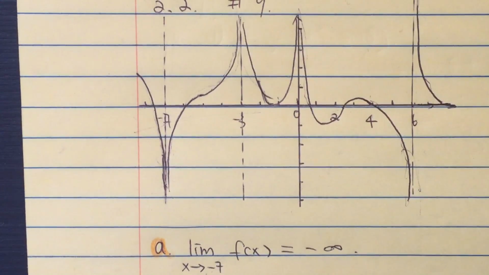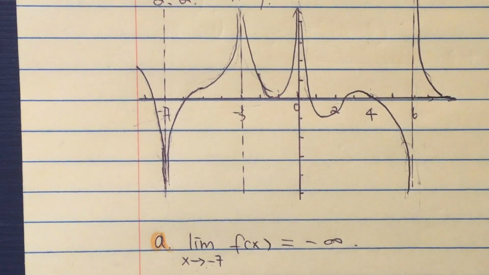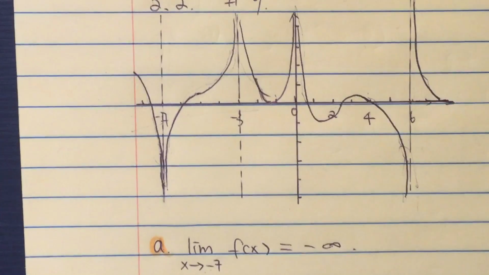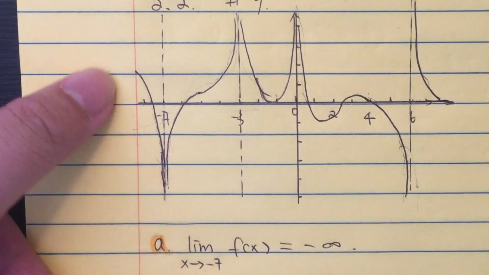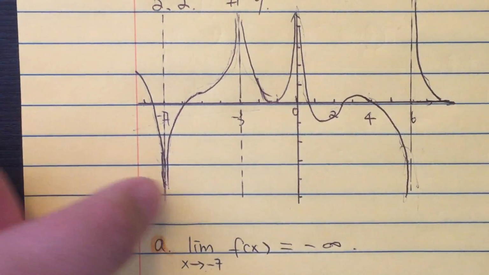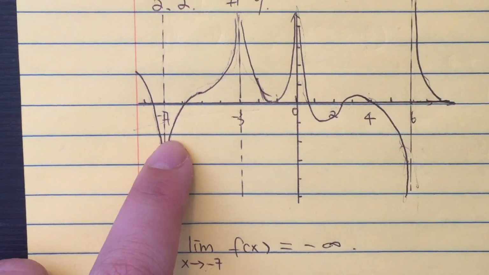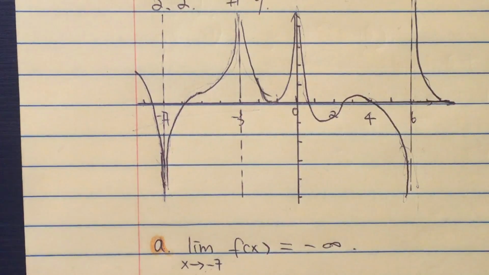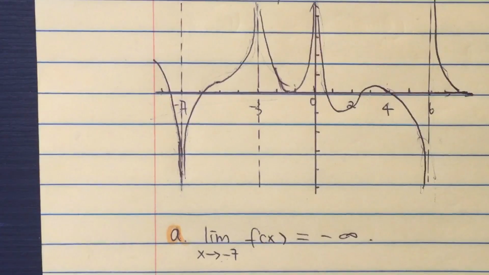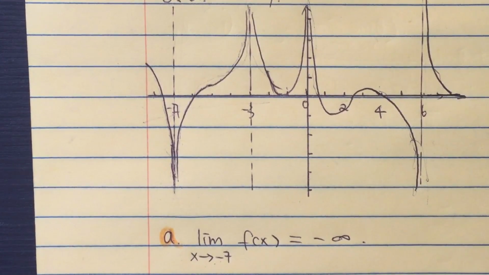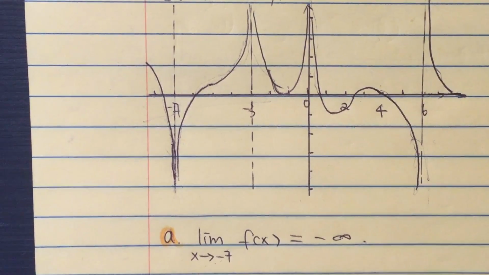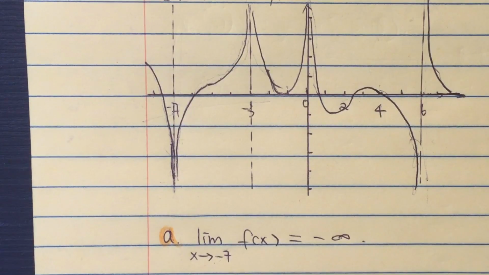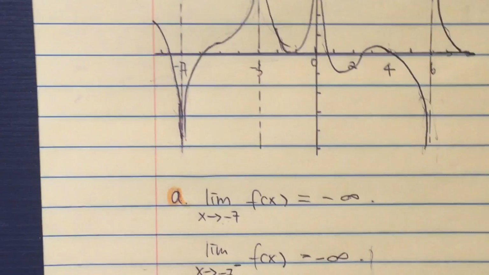For question A, find the value of f(x) when x approaches -7. As we know from the definition, if the limits from the left and right sides of -7 are the same, for example equal to L, then the limit as x goes to -7 of f(x) equals L. So let's find the limit from the left side approaching -7.